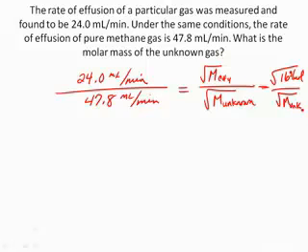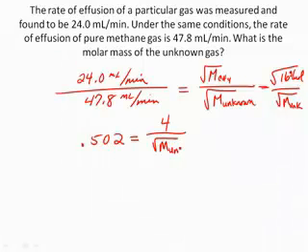And so that's going to be 24 divided by 47.8. So I have 0.502 is equal to 4 over the square root of the mass of my unknown. And so the square root of the mass of the unknown is going to be 4 divided by 0.502, which is 7.97.